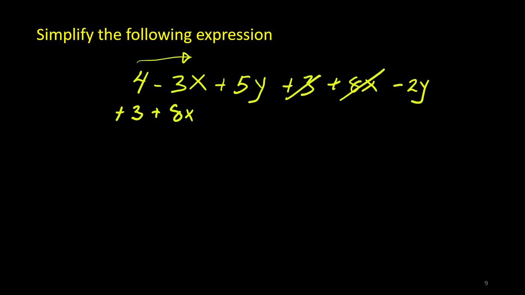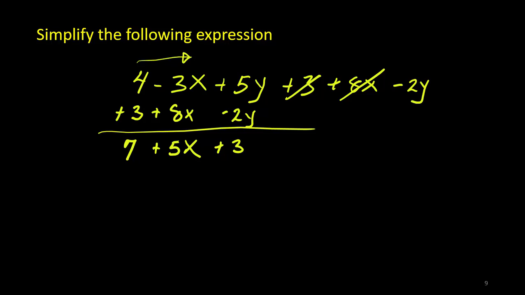Still moving to the right. We have a y term, 5y, subtract 2y. Would look like this. And then we're just going to add these things down the page. 4 add 3 is 7. 8 subtract 3 is going to be 5x. And then 5y subtract 2y would be a positive 3y.